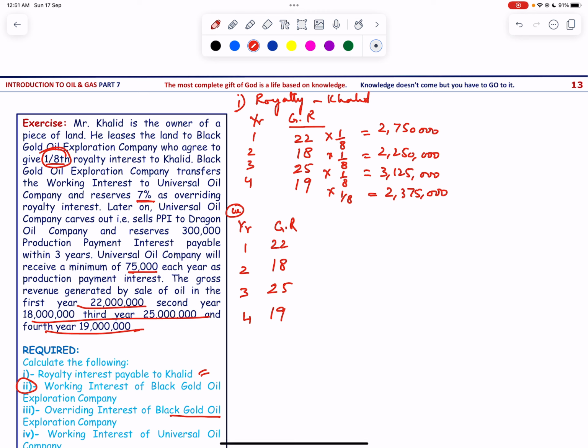So royalty, obviously it will be 22 million minus the royalty already paid, 2,750,000, and we will be having the overriding interest of 7%. So 7% of this amount, that is 22 million minus 2,750,000, let me make it better.